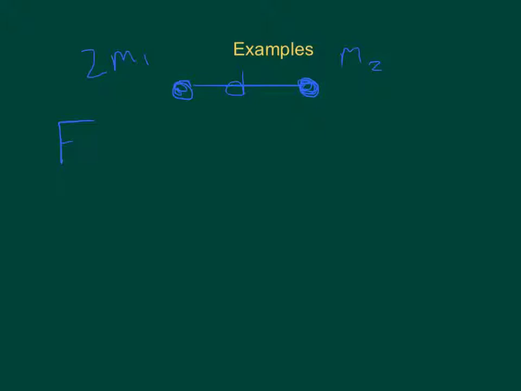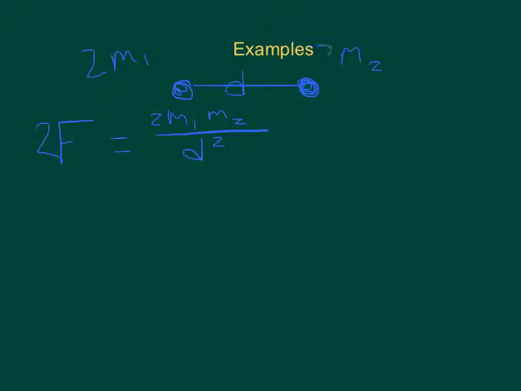Well, looking at the relationship established by Isaac Newton, we could say that the force itself would also be doubled if one of our masses was doubled, because they are directly proportional.